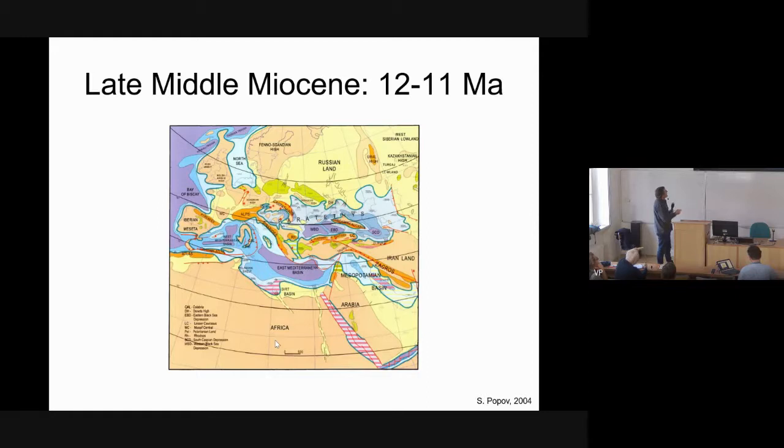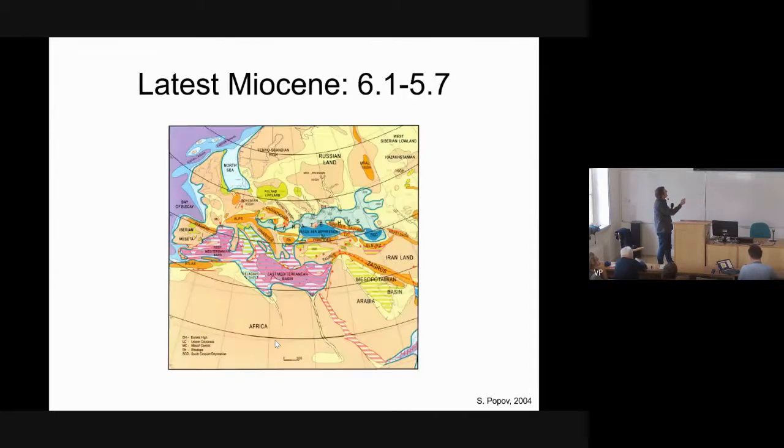And as Africa and Europe continue approaching each other, the last connections in the Strait of Gibraltar and here close completely, and then you get this hypersaline condition in the Mediterranean basin.